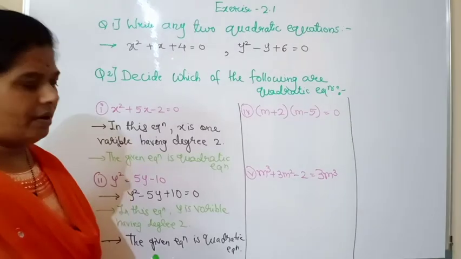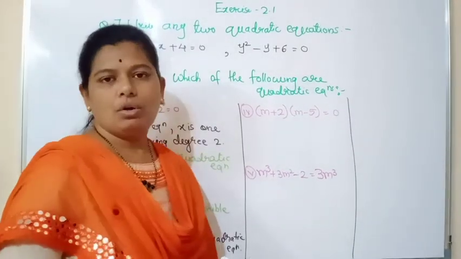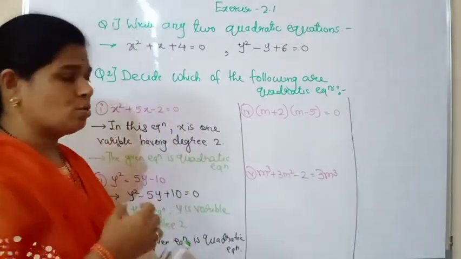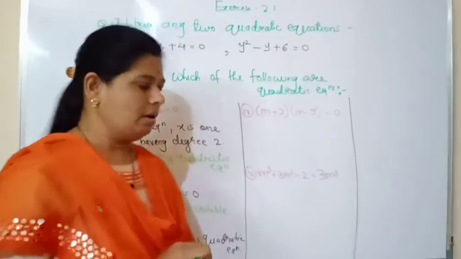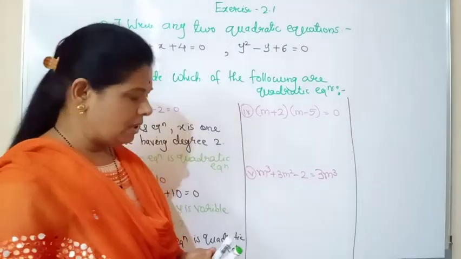Okay, so in this way we can decide whether the given equation is quadratic or not. Now we move towards the next question. The third example I have not taken because you can solve it, otherwise we can take it also.